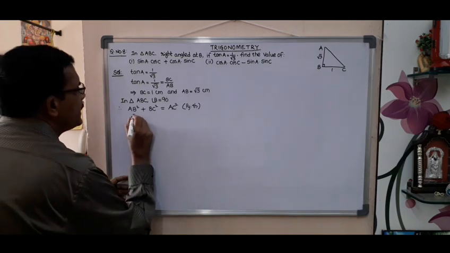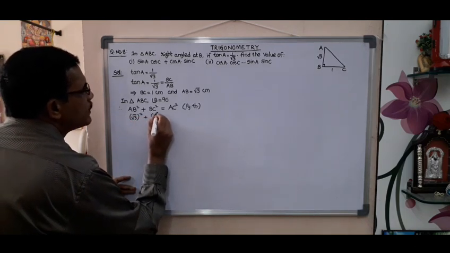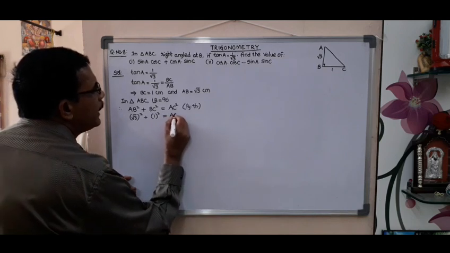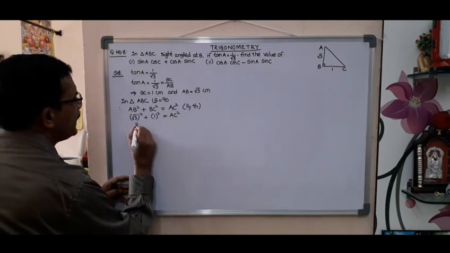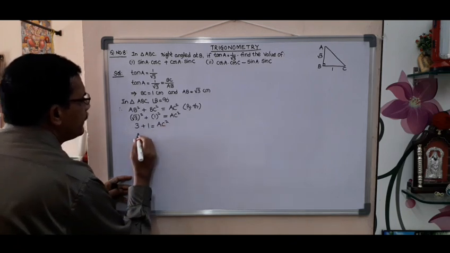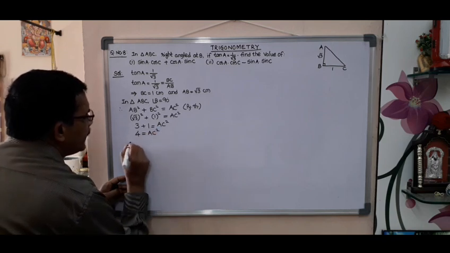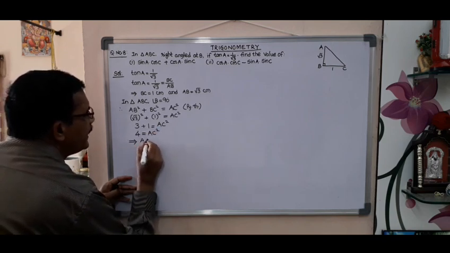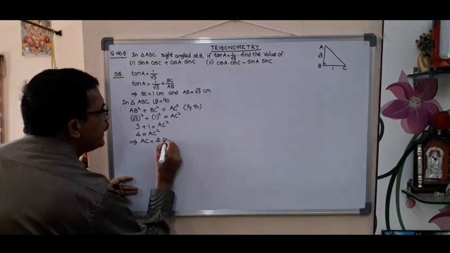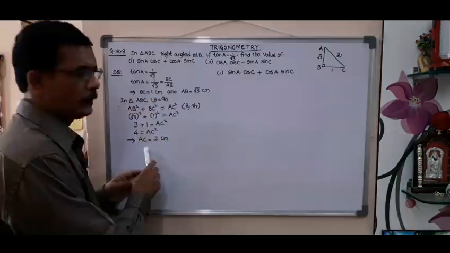Here AB length is root 3 square plus BC length is 1 square is equal to AC square. Root 3 square is 3 plus 1 is equal to AC square. 3 plus 1 is 4 is equal to AC square. Implies AC is equal to 2 centimeters. So this is 2 centimeters.